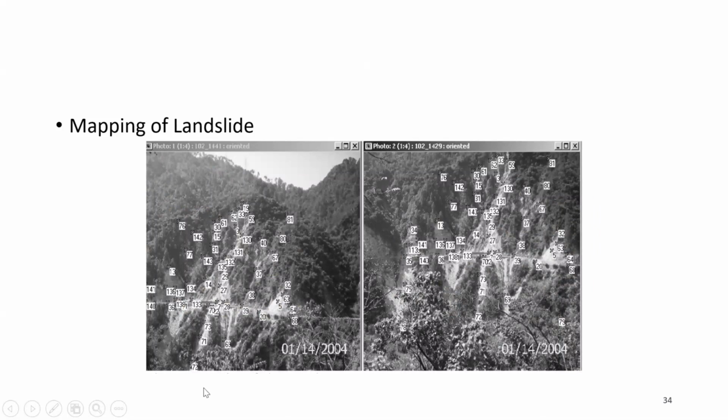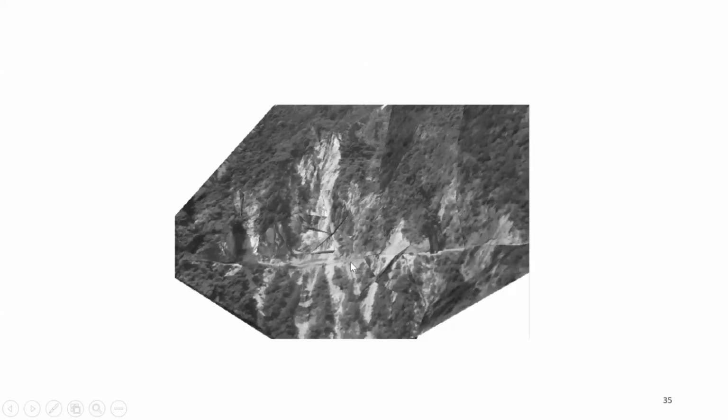So we are standing below this. There is a river at the bottom, and we are standing on the other side of the river, on the other side of the hill, and the instrument is kept on this side. These are the points where the coordinates are measured using totalization. And this is the model.